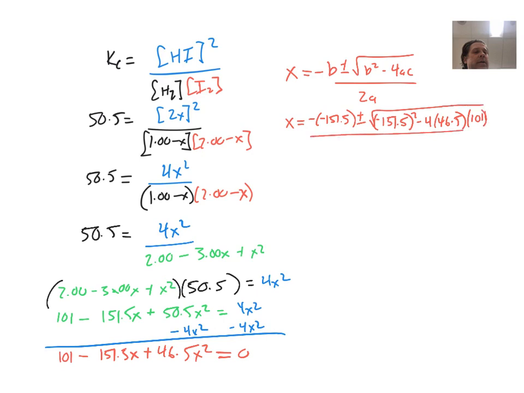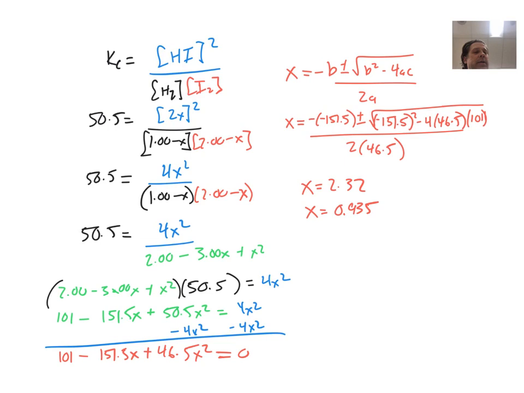All of that is over 2 times 46.5. And when you go through all of the math, you get x is either 2.32 or x is 0.935. Now, this is the important part of this.